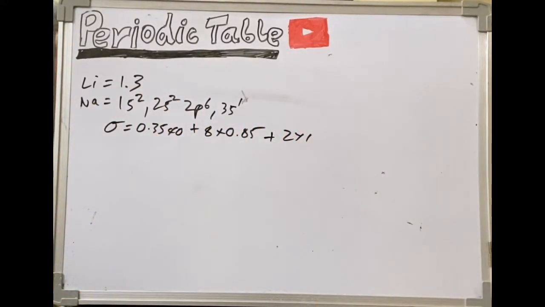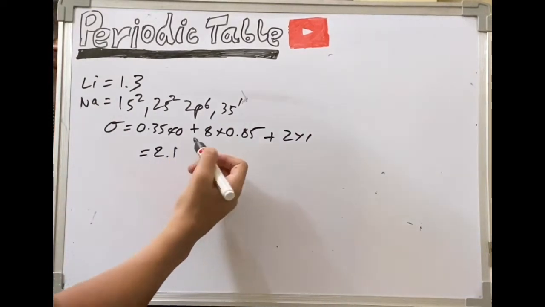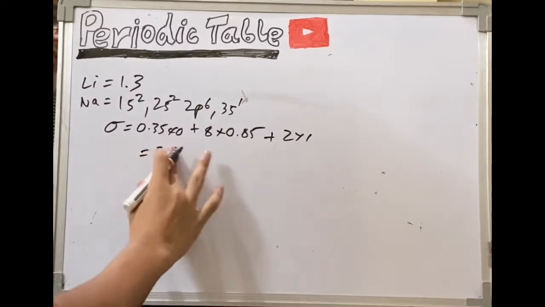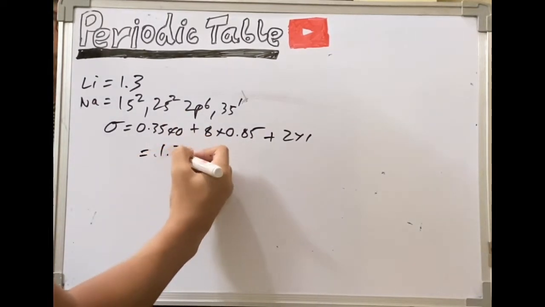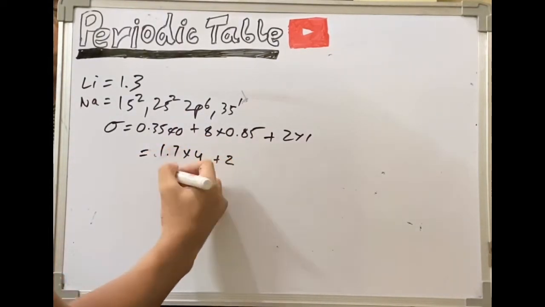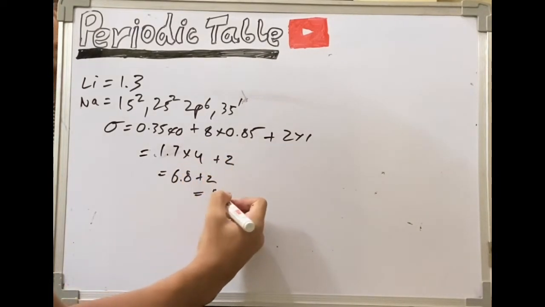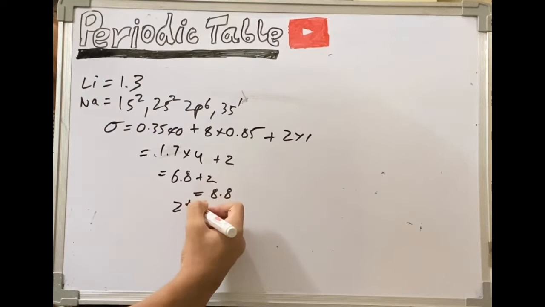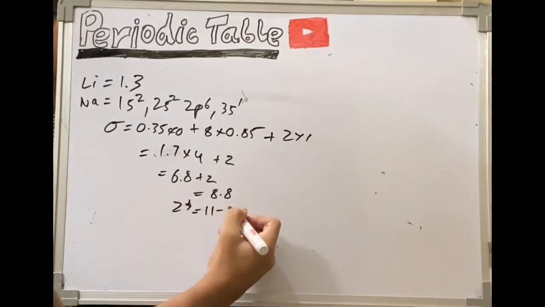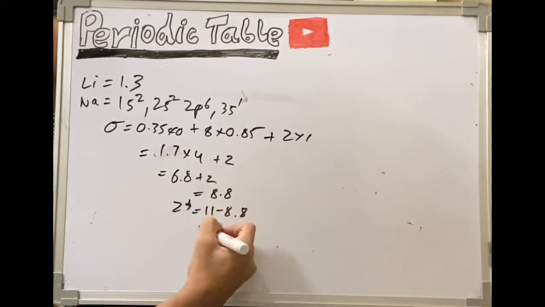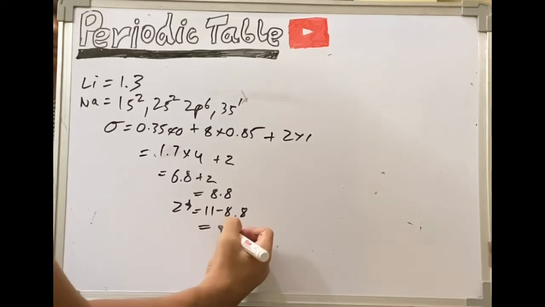So 0.85 into 8 is 6.8, plus 2, that will be equal to 8.8. So Z effective will be 11 minus 8.8 and it will be 2.2.